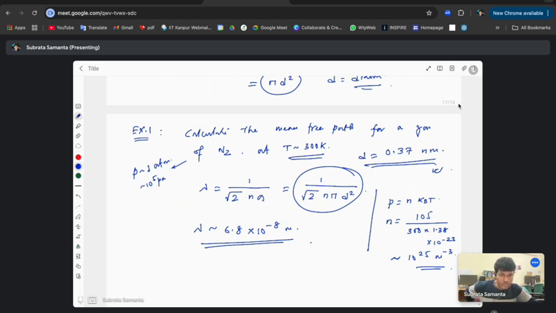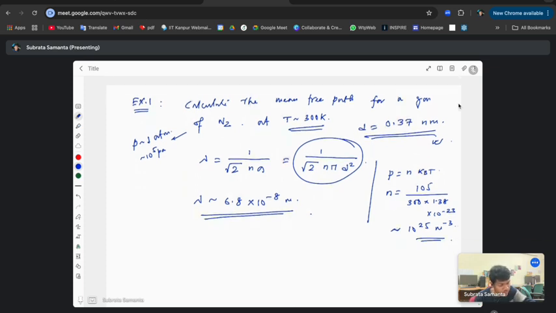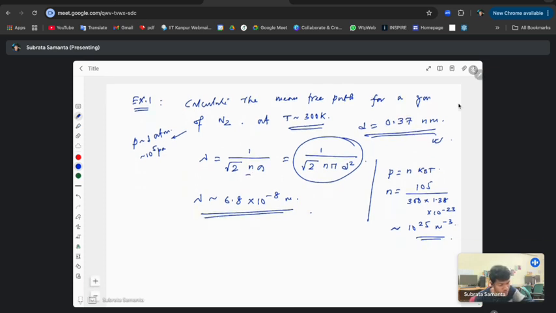Okay, so we just check that one. n is 10 to the power 25, and d is in nanometers. So just check the order of magnitude. n is 10 to the power 25, and sigma is d square. So d square is 0.37 times 10 to the power minus 9 meter, squared.